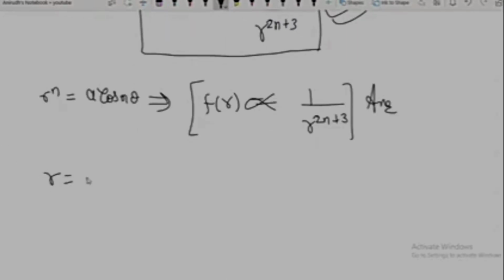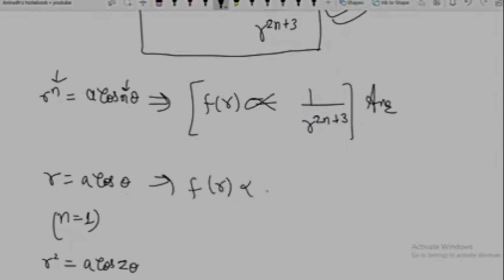If r is equal to a cos theta, we can write the n value is equal to 1. If r is equal to a cos 2 theta, then the n value is taken as 2. For the first case, the force f of r is inversely proportional to r power 2 into 1 plus 3, that is 5.